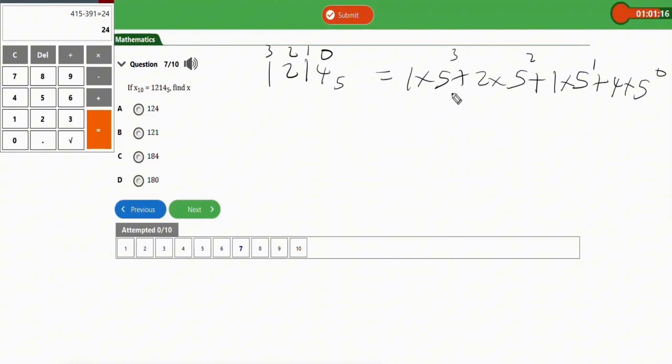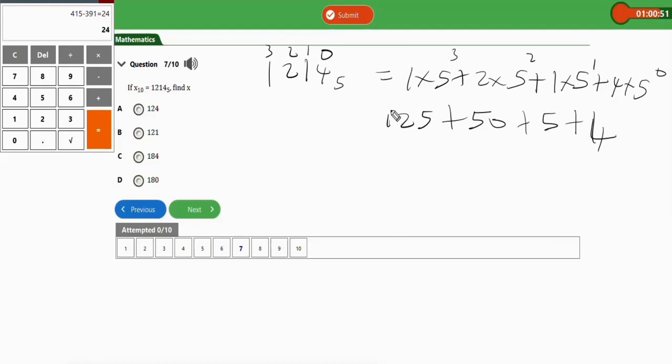Basically 5 to the power 3, that's 5 times 5, 25. 25 times 5 will give us 125. Plus 5 squared is 25. 25 times 2 will give us 50, plus this will give us 5. 5 to the power 0 is 1. Sorry, 1 times 4 is 4. This will give us 4, not 1.